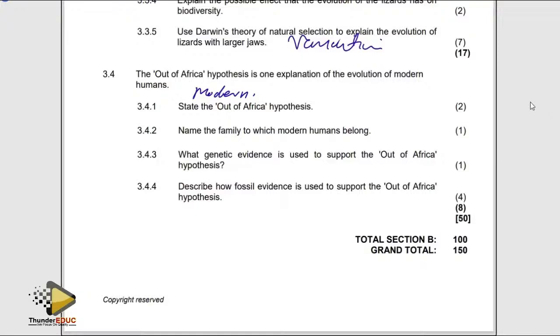So Homo habilis, the handyman, Homo erectus, the upright walking man, Homo sapiens, the wise man. All of them are humans. That's why we are referring to modern humans.